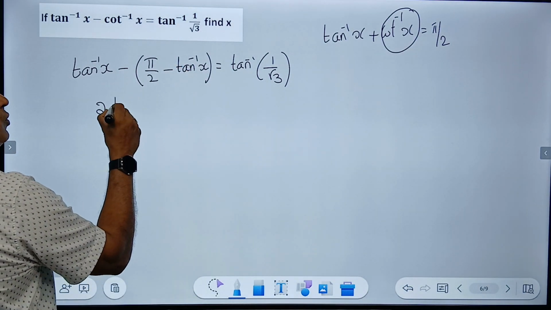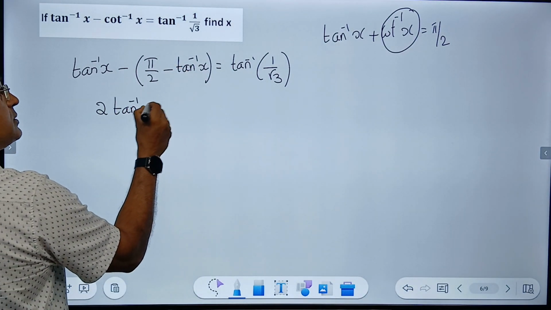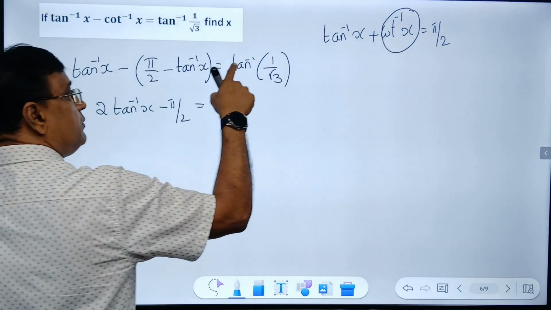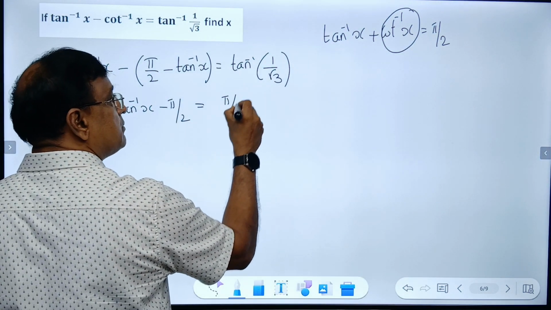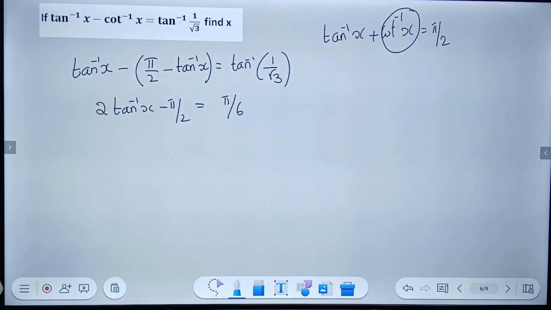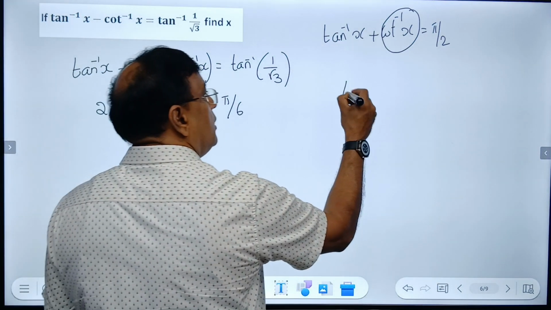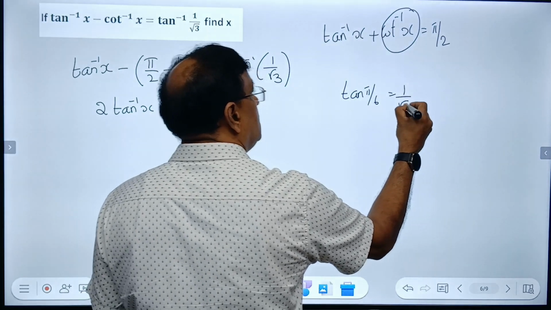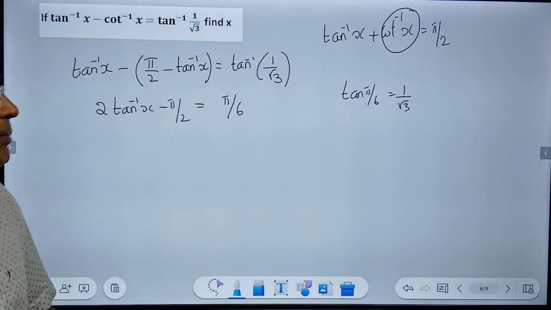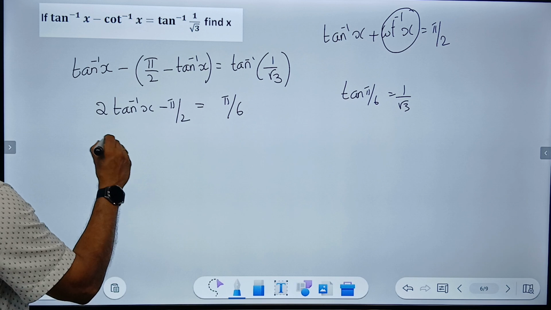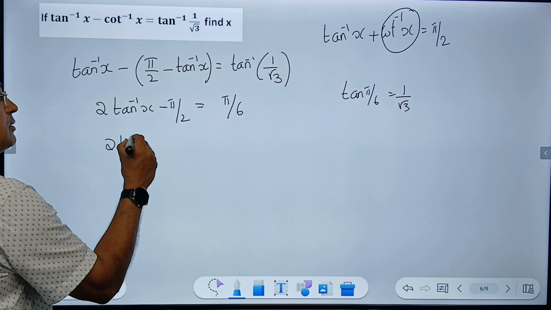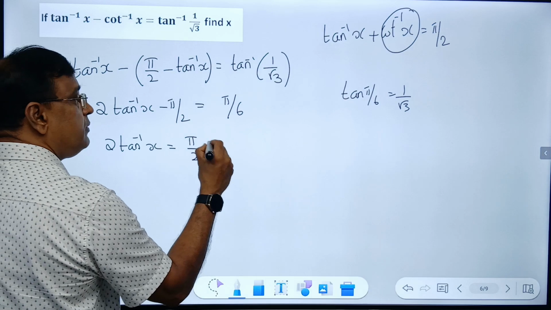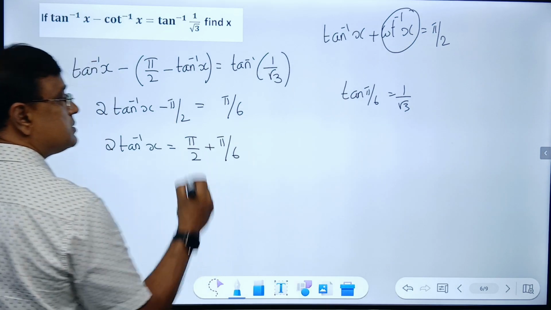We get 2 tan inverse of x minus pi by 2 equal to tan inverse of 1 by root 3, which is pi by 6, because tan pi by 6 is 1 by root 3. So tan inverse of 1 by root 3 will be pi by 6. So what is 2 tan inverse of x? 2 tan inverse of x will be pi by 2 plus pi by 6.